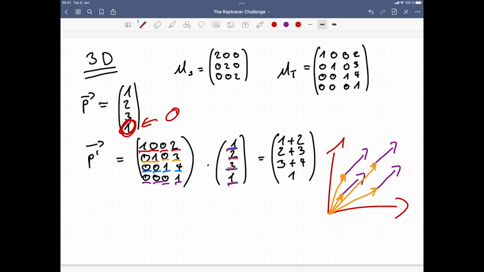It would simply stay the same. And now this is the reason here why we are using 4-dimensional vectors to represent points and directions in our space, and why we are using 4x4 matrices instead of 3x3 matrices, because we can encode translation within them.